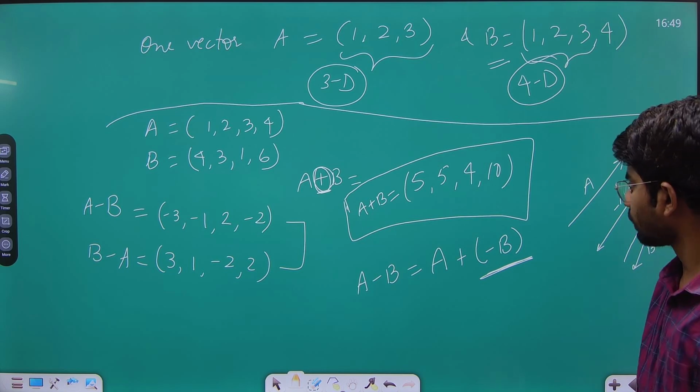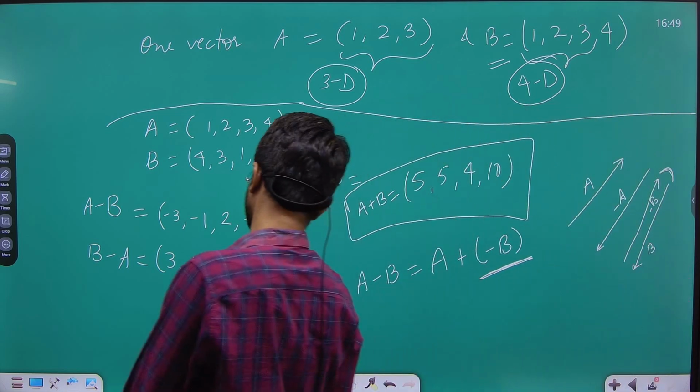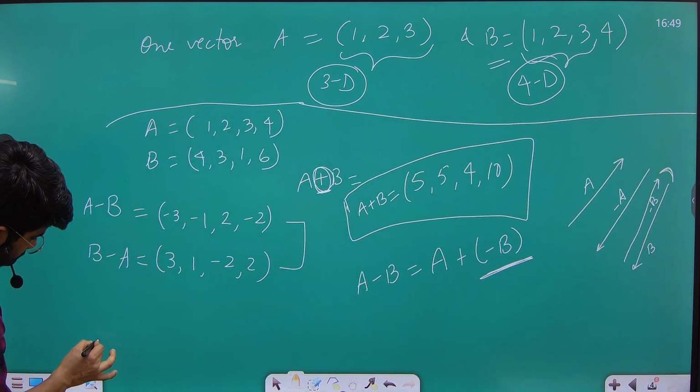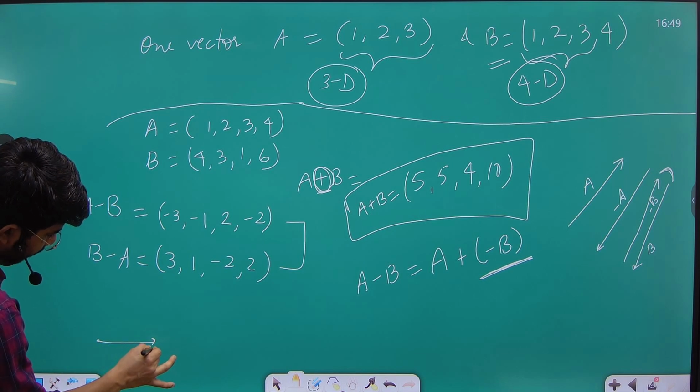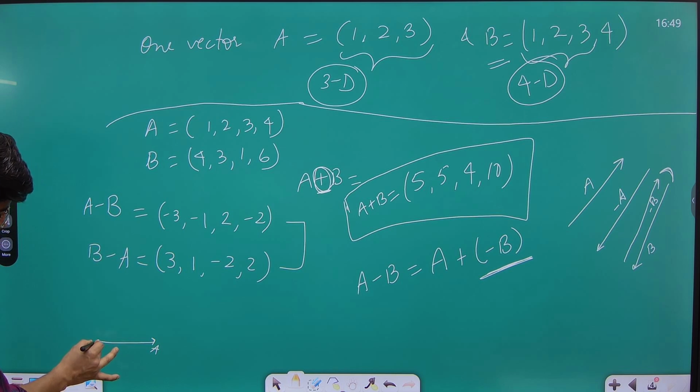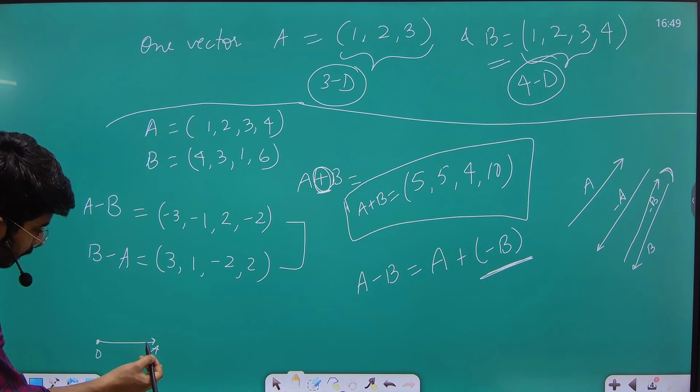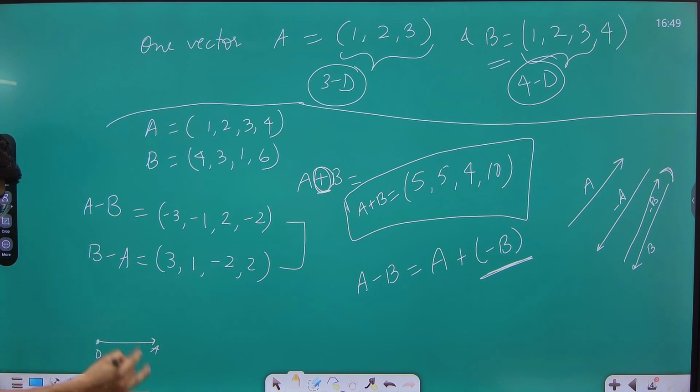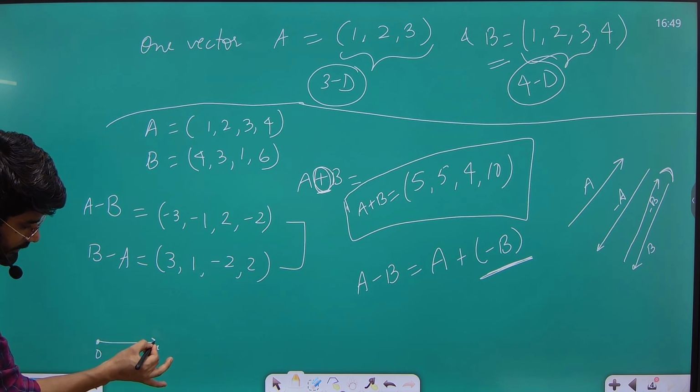If you want to add two vectors, suppose this is vector A from any point O, and if you want to add B to it, then the tail of vector B must be placed at this point.